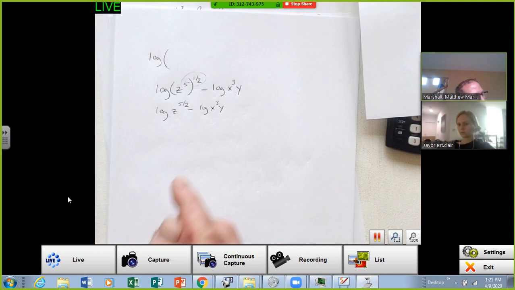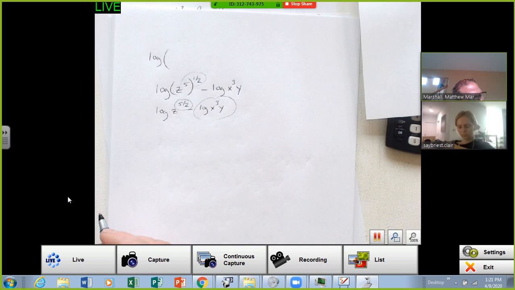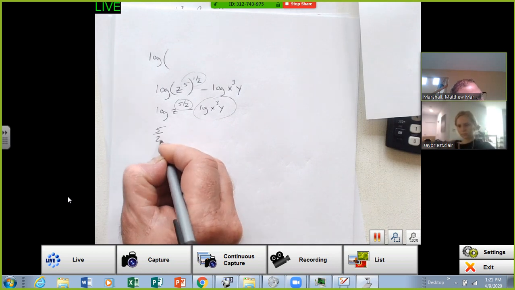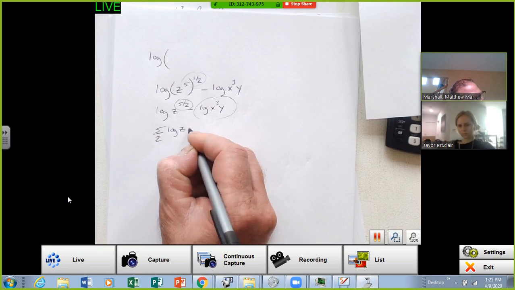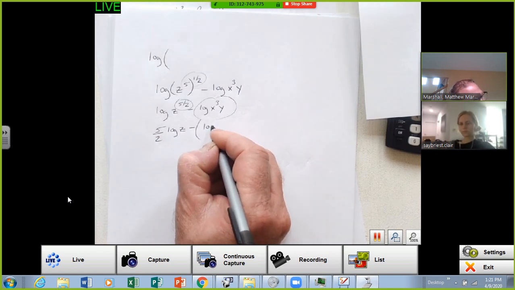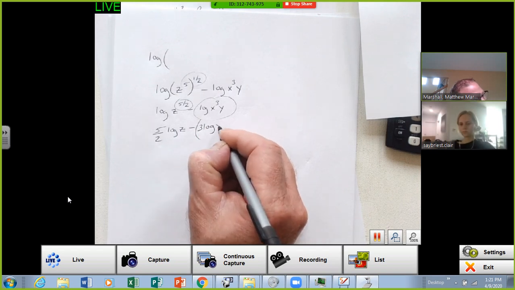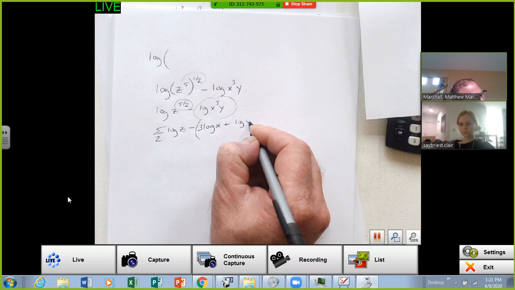And now I need to break up this part right here. I need to simplify that radical. So I'm going to write this as 5/2 log z minus, in parentheses, 3 log x plus log y.